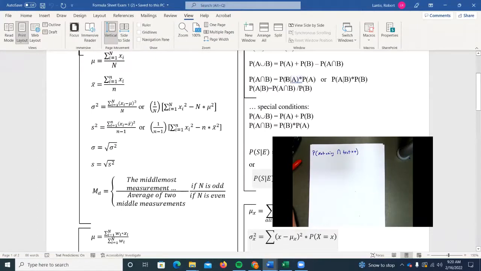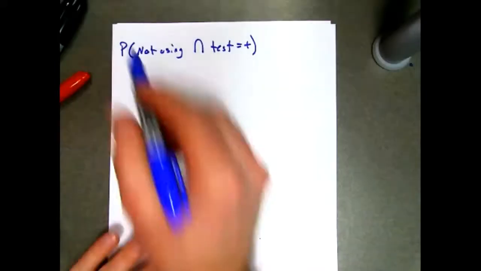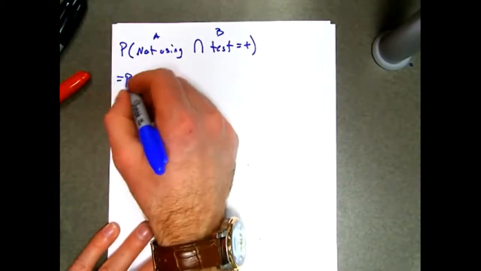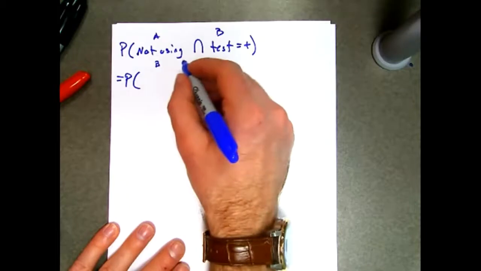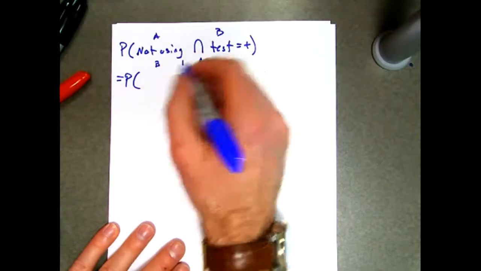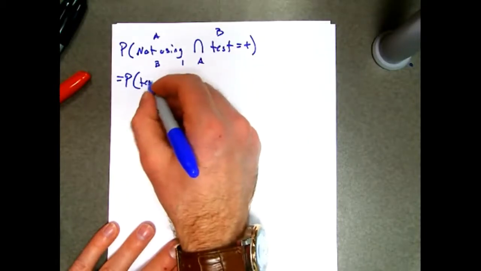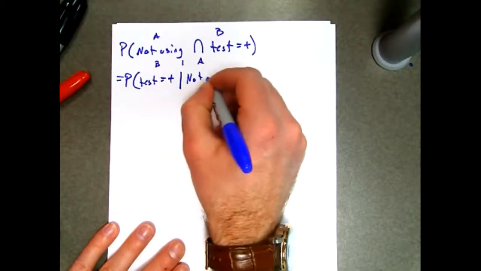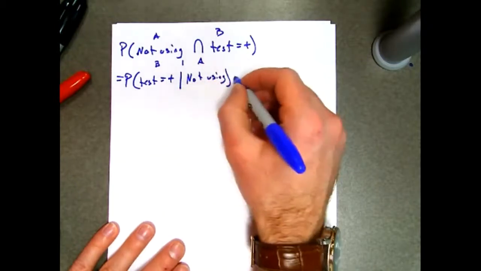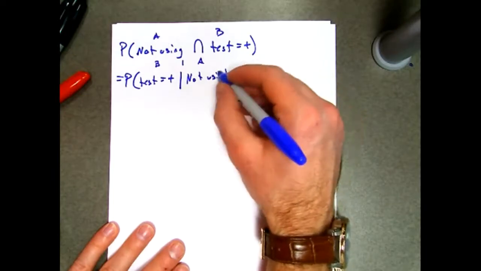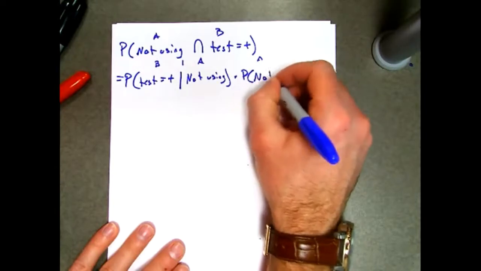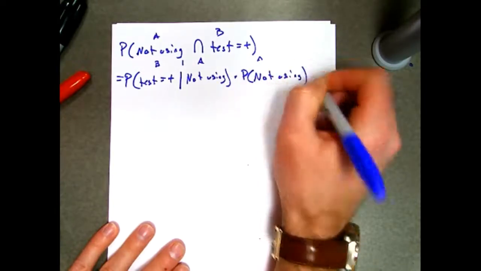So once again, it's just the conditional probability times what I'm conditioning on. So if this is my event A, this is my event B, using that formula, I know that I want B given A. So that's going to be test comes back positive, given that they're not using. And then I'll multiply by whatever I'm conditioning on, which here I've conditioned on event A. So the probability that they're not using.